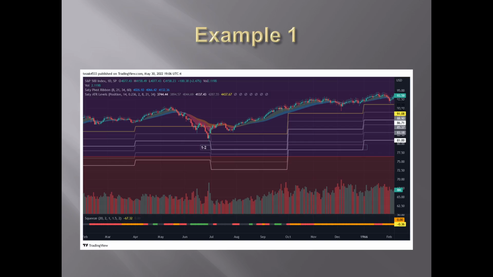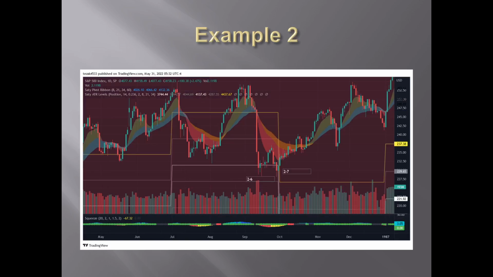All right, so some examples of each category. Category 1, you're going along here, hits this, it wicked down to it, and just bounced straight off. So that's a 1. 2, there's a couple of these here. You start all the way up here, had this really violent down move, but then once it reached this ATR level, -1, wicks below, closes under, but the next day closes above, and then again wicked under, but stayed above.